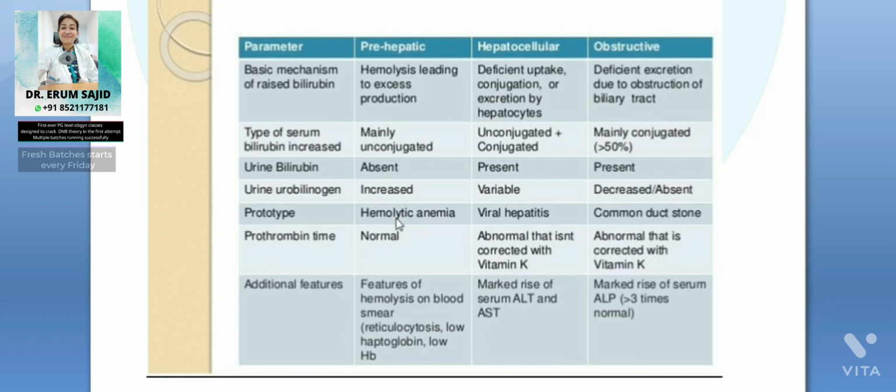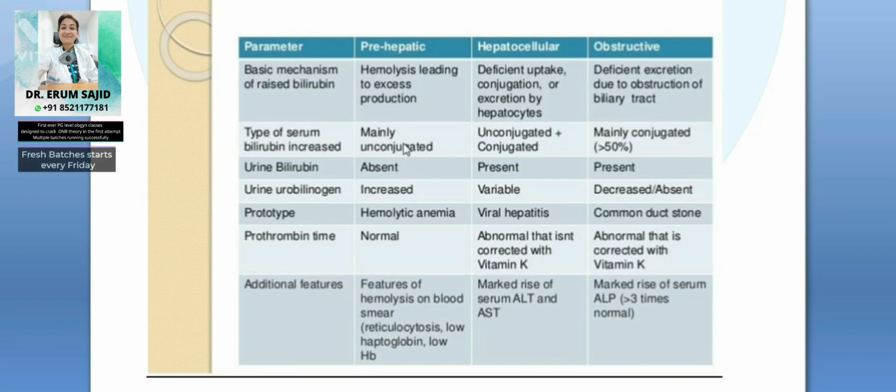It becomes very simple when you see this. If it is hepatocellular, there's some problem with the liver, unconjugated will also increase, conjugated will also increase. Basically, it's not working fine. So urine bilirubin is going to be present. In prehepatic, urine bilirubin is going to be absent.